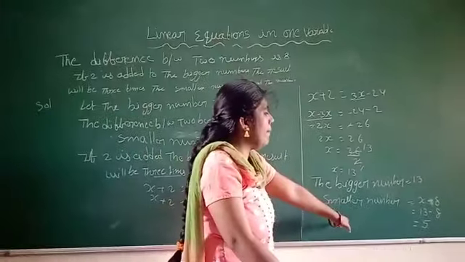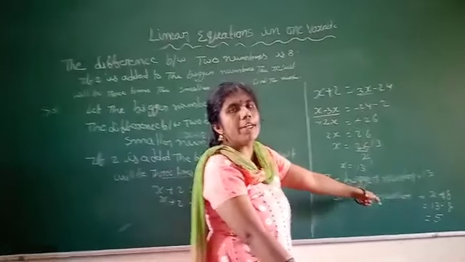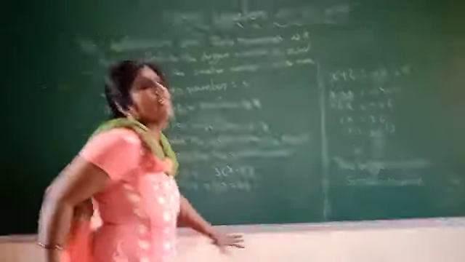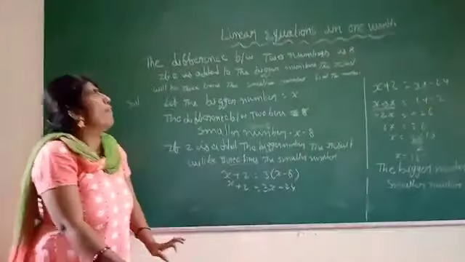Okay, the smaller number equals 5 and the bigger number equals 13.